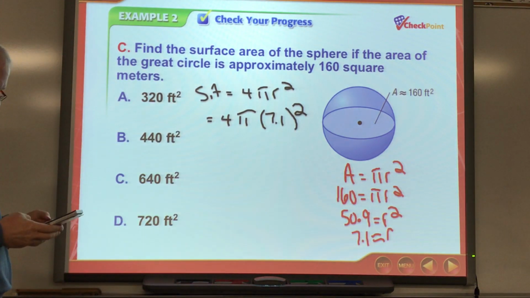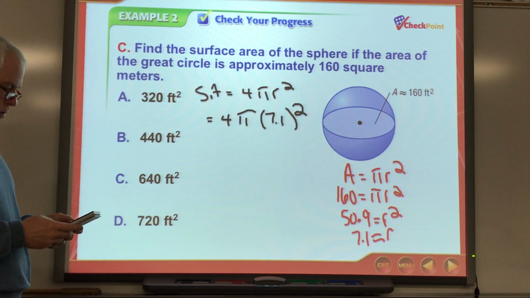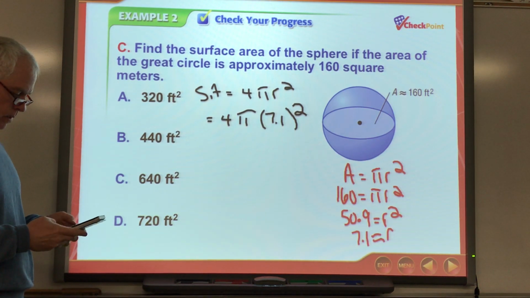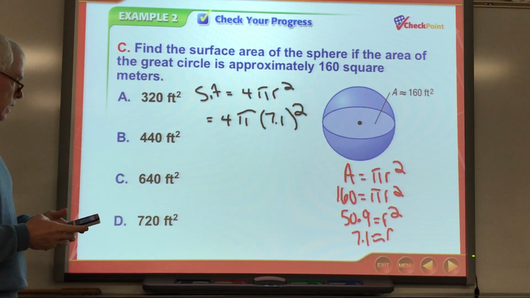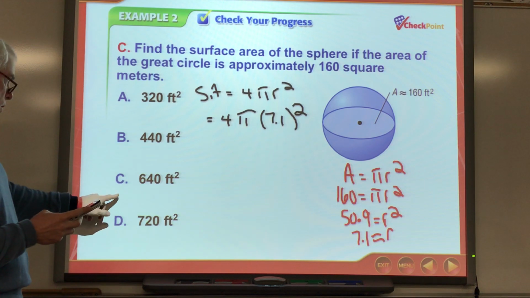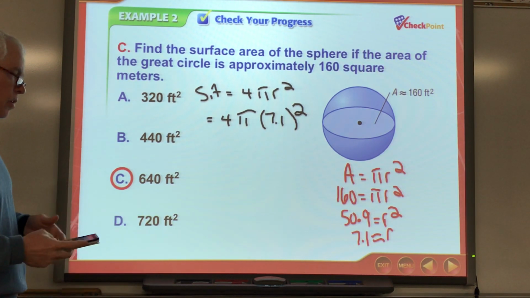So 4 times pi times, oops, hitting the wrong buttons here, you guys, apologize. Pi times that 7.1 squared, you get like 633-ish, 640, if I allowed the decimal to go out farther.